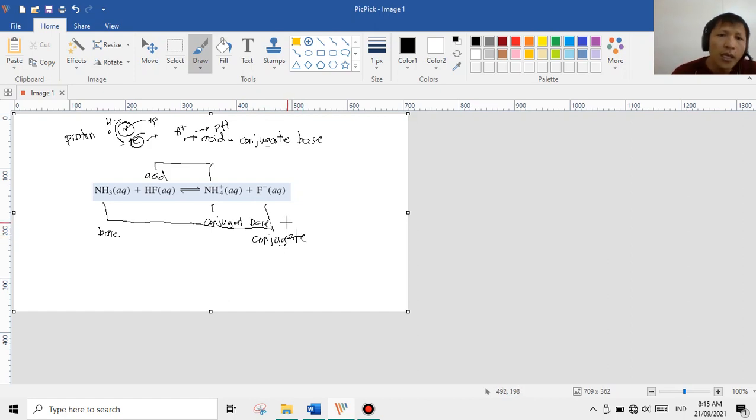One thing you will see in this acid-base reaction is the double arrow. It indicates that both reactions happen. The reaction can be reversed.